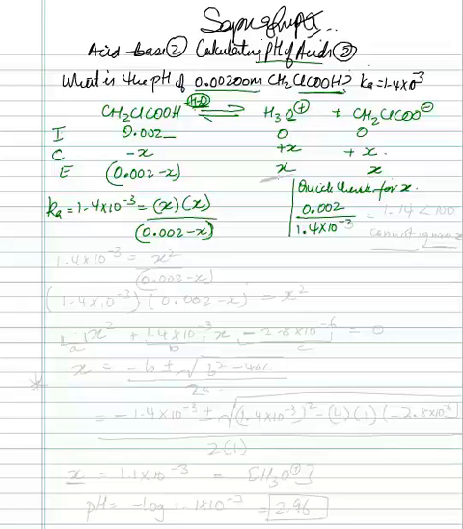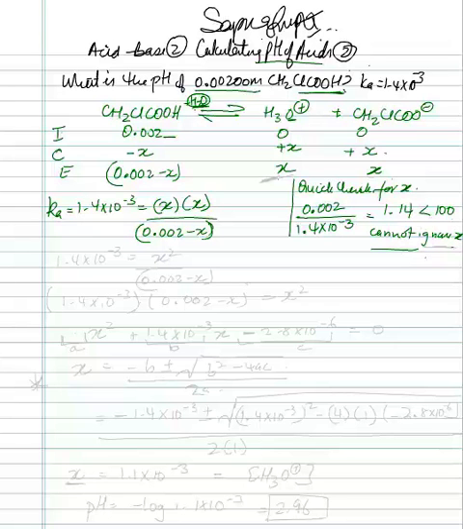So that's what we're doing here, and our answer is 1.4. And 1.4 is definitely less than 100, which means that we cannot ignore X. Sorry, we have to do the quadratic method. Again, remember, if this value was more than 100, then we can ignore X.